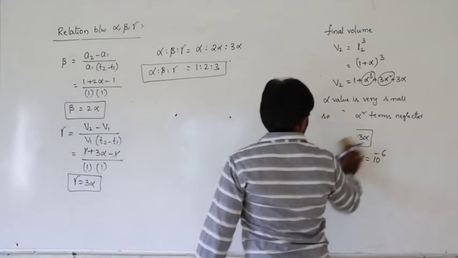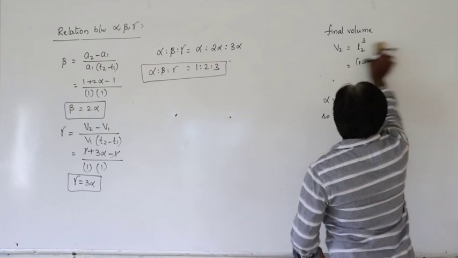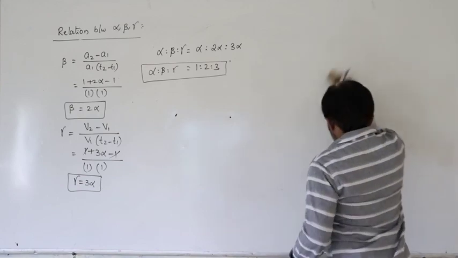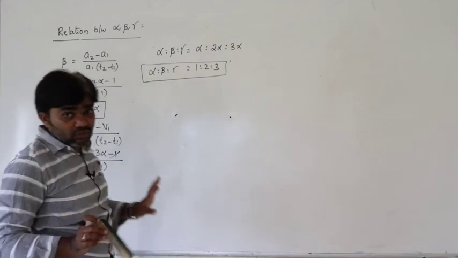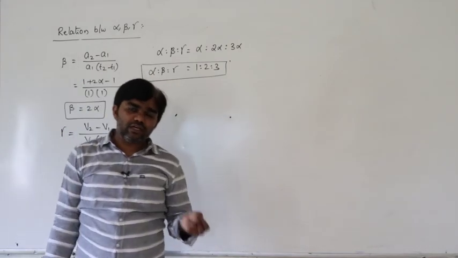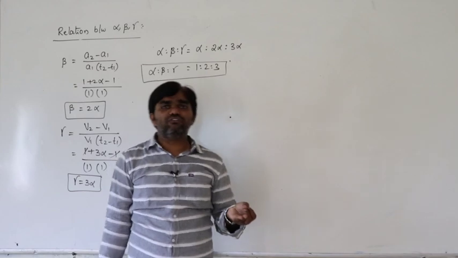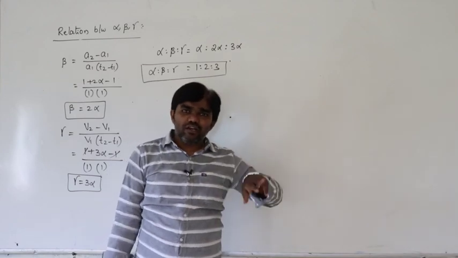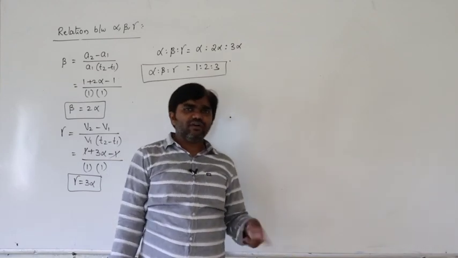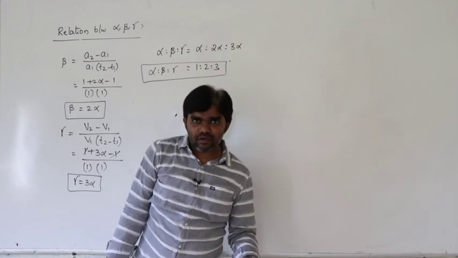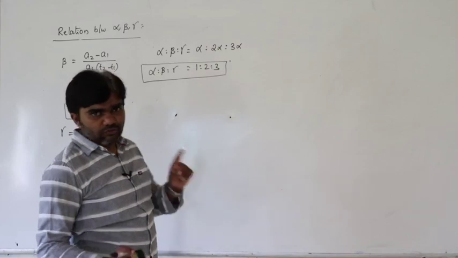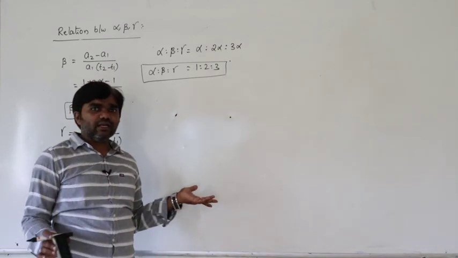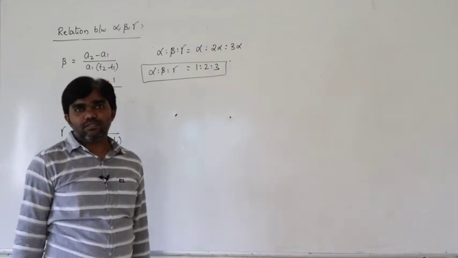So from this, if we know the value of alpha, then we can calculate the coefficient of areal expansion and the coefficient of volume expansion. If you know the value of beta, we can calculate alpha and gamma, or if you know the value of gamma, we can calculate beta and alpha. If you know only one, we can calculate the remaining two.